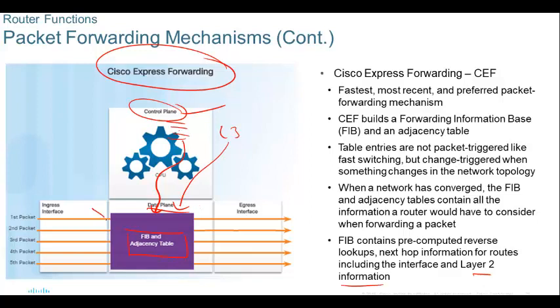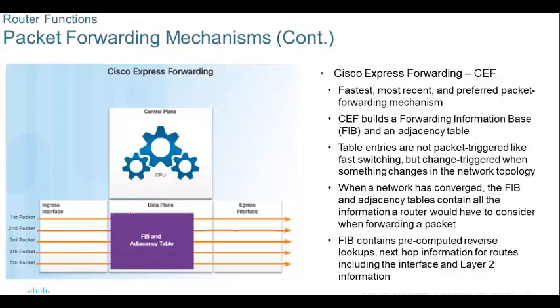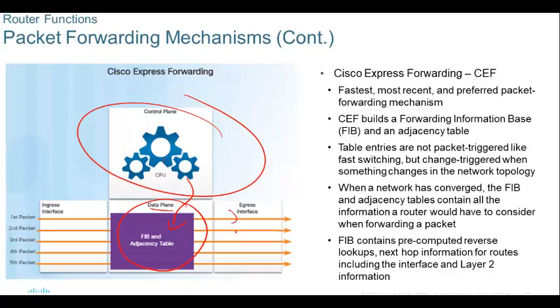Before the packet arrives, all those routing informations, control plane informations, are placed inside the data plane itself, so that just by going through the data plane, you can exit. So you have avoided going through the routing engine because it takes time. This is faster. Which one? CEF, Cisco Express Forwarding.